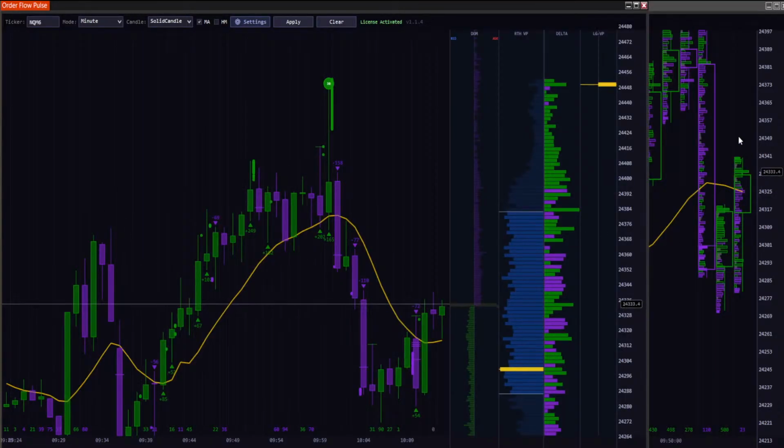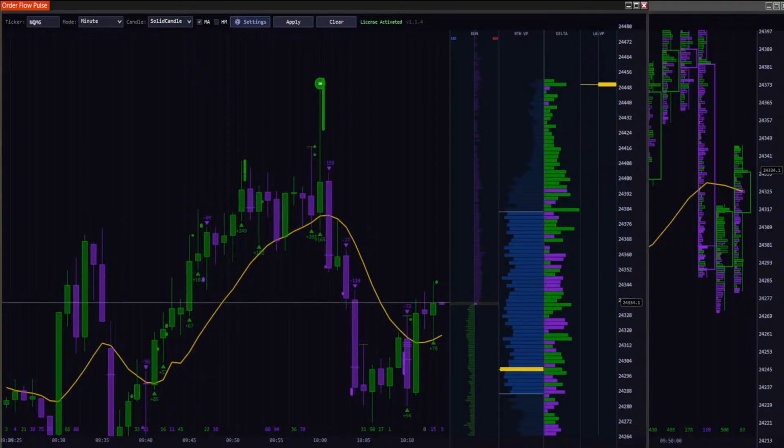We got 5-minute. We got some big delta right there at around 333. Delta surge just kicked in. I just don't like it. Just because it's right there. We closed right here. This is an indecision candle. You got a wick at the top, wick down at the bottom.